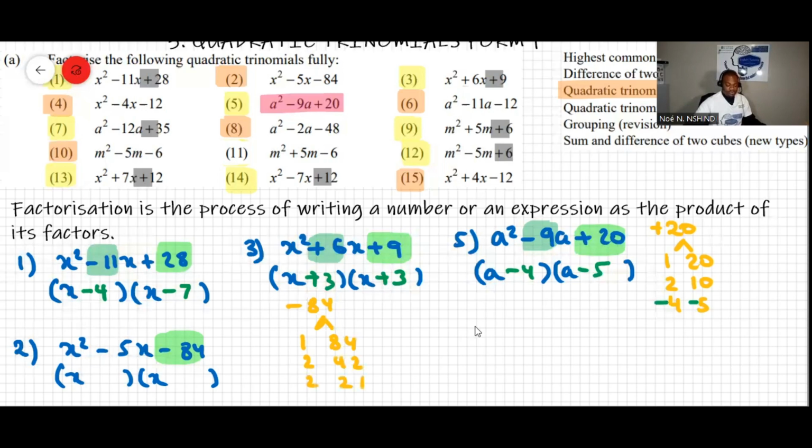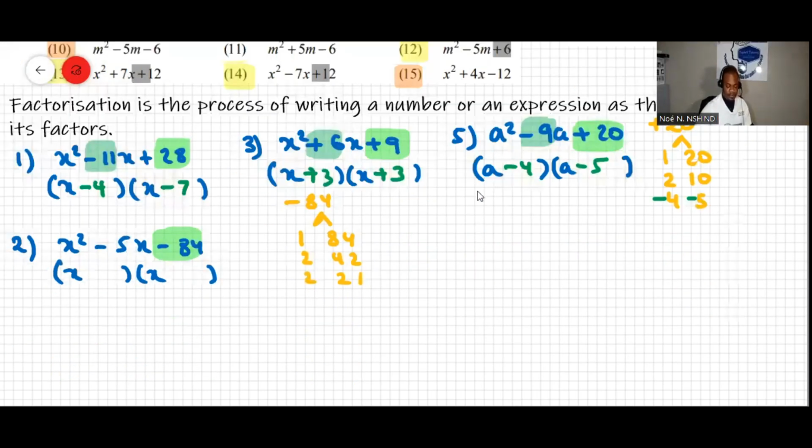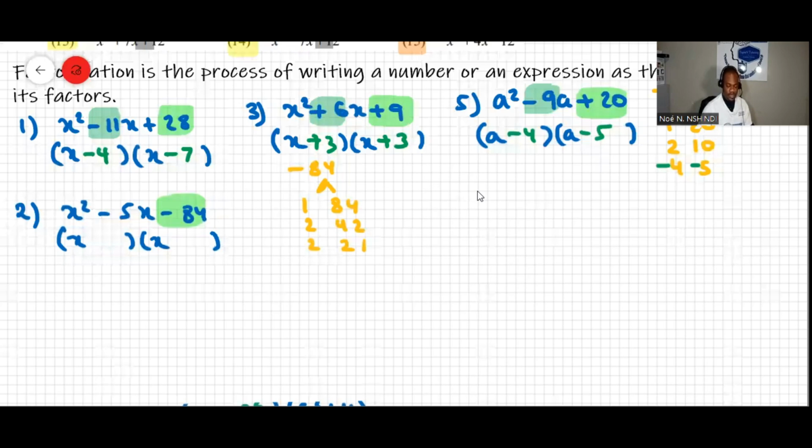I prefer to list all of them in ascending order. Okay, 2 and 21, and then no, not 2 and 21, I made a mistake. It's rather 3 and 28.